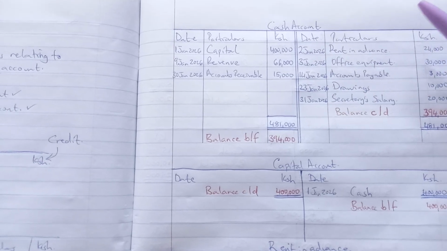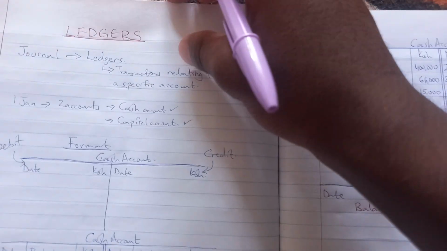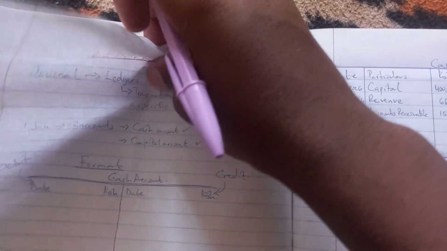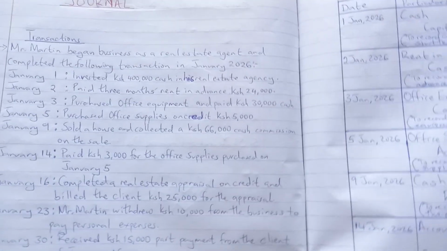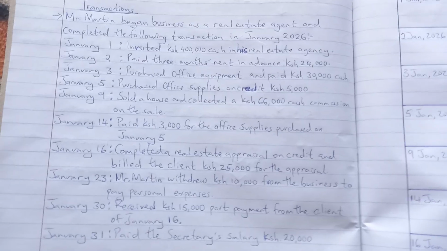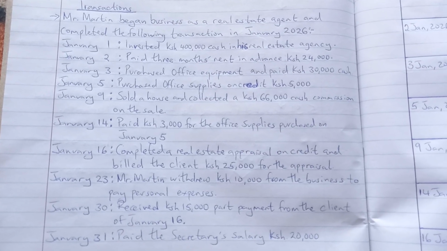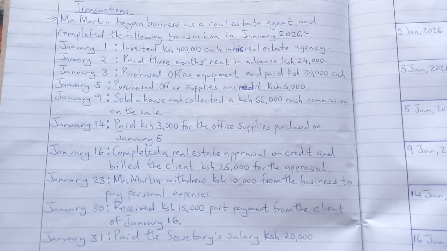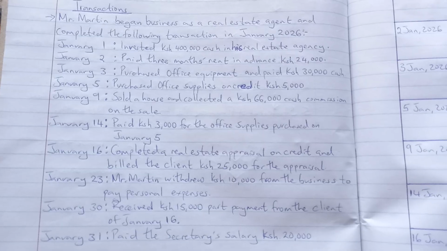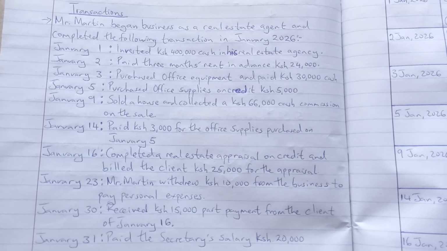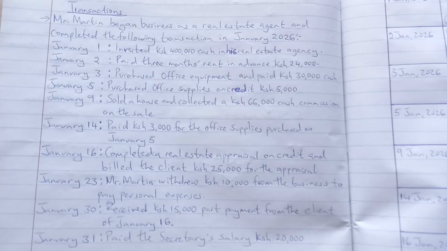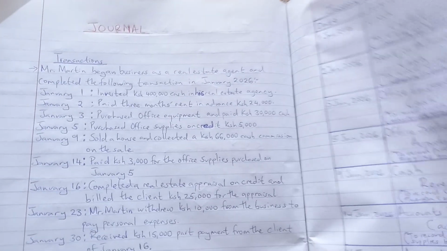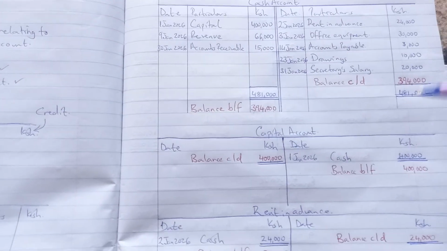Someone might be asking, where are we getting these values? We are getting them from when we were talking about journals. If you haven't done this question, you can look at our past videos where we started with journals, then went to ledgers and recorded all those transactions.